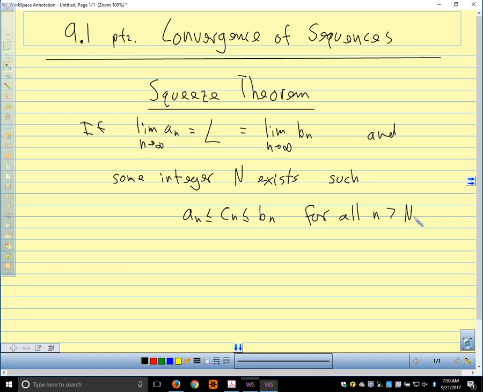So eventually, the terms of this C sequence are between the terms of the A and the B sequence. Then that guarantees us that the limit as n approaches infinity of C sub n equals L also.